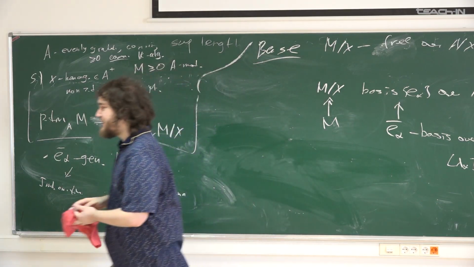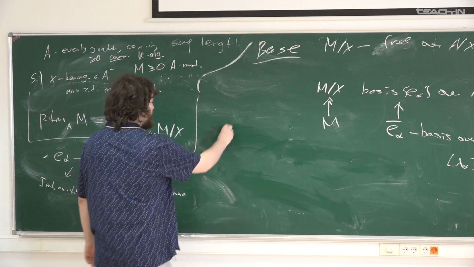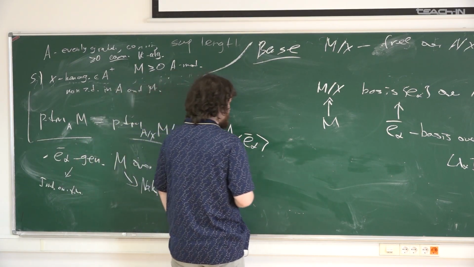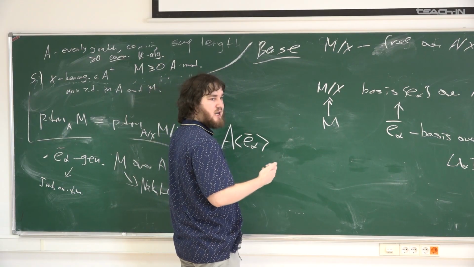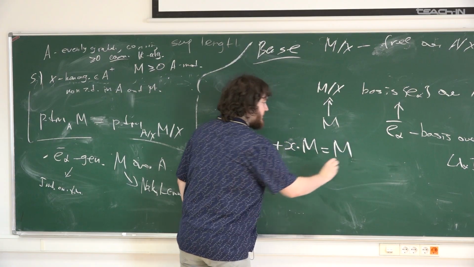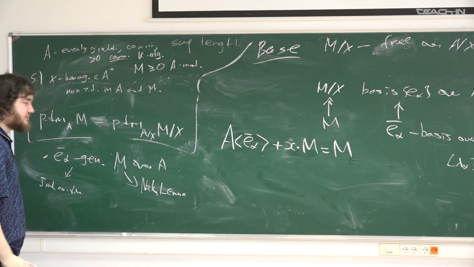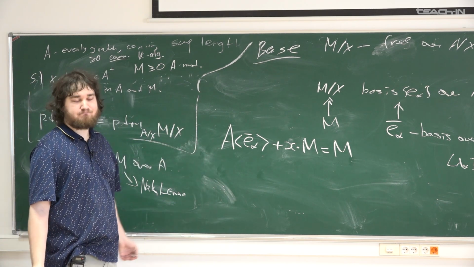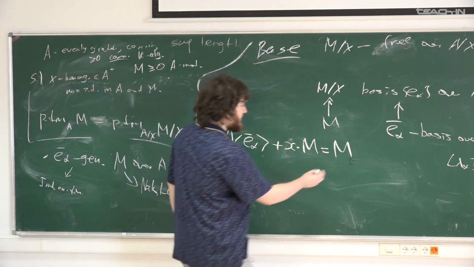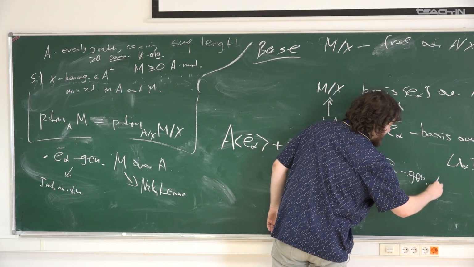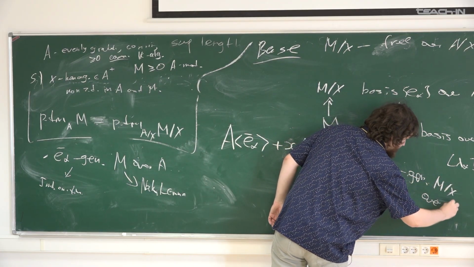This means that if I consider a module generated by A alpha bar, then it coincides with M modulo x. It's plus xM is equal to M. Do you agree? Because modulo x, it generates my module. It's equivalent to say that E alpha generate M modulo x over A modulo x, in fact.